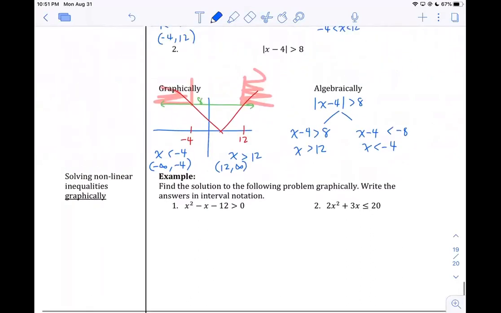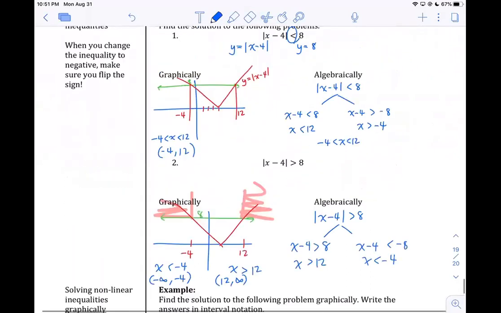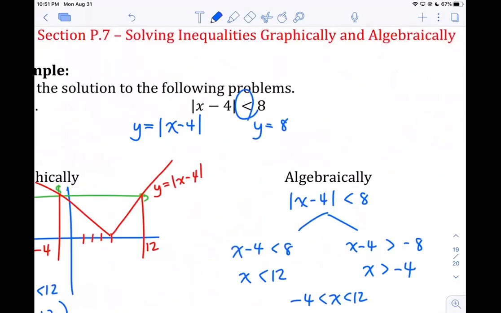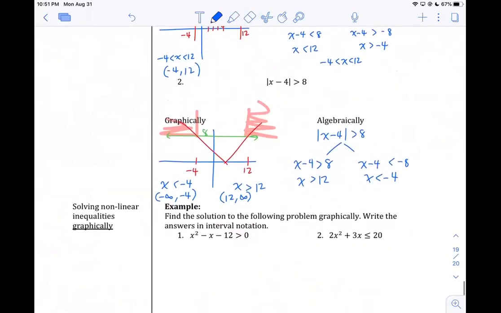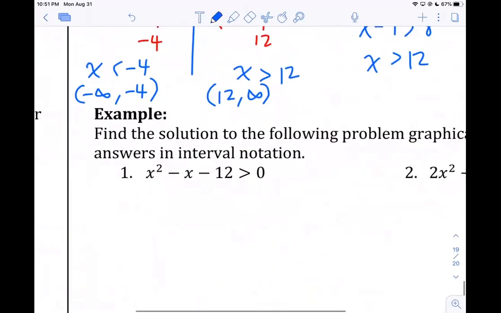So think about how this problem is a little bit different from the previous problem. In the previous problem, we had an absolute value, an inequality, and a number. Versus here, we have an equation, it really doesn't matter what it is, an inequality, and then 0. So the key is 0. What does 0 represent?